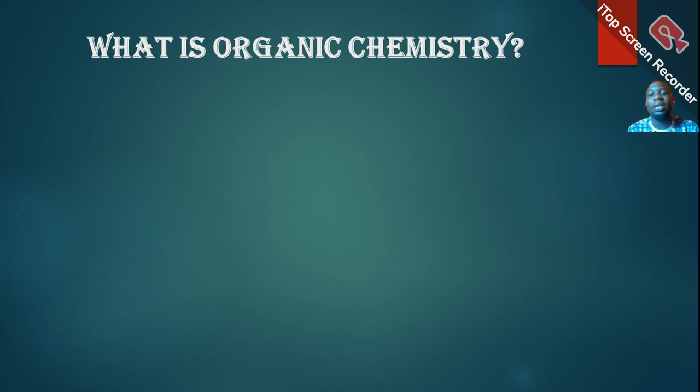Now we are looking at an aspect of organic chemistry. We have different branches of chemistry, which hopefully we have done some parts: physical chemistry, inorganic chemistry, environmental chemistry, biochemistry. But here we are looking at organic chemistry. What does the word organic mean?